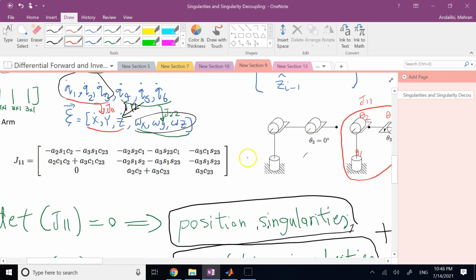For that 6 DOF robot, the J11, the portion for the first three joints on the end effector position, is this. And now the question is, what are the singularities here? As I said, the singularity happens when the determinant is 0, and this is a 3 by 3, so I can calculate the determinant.